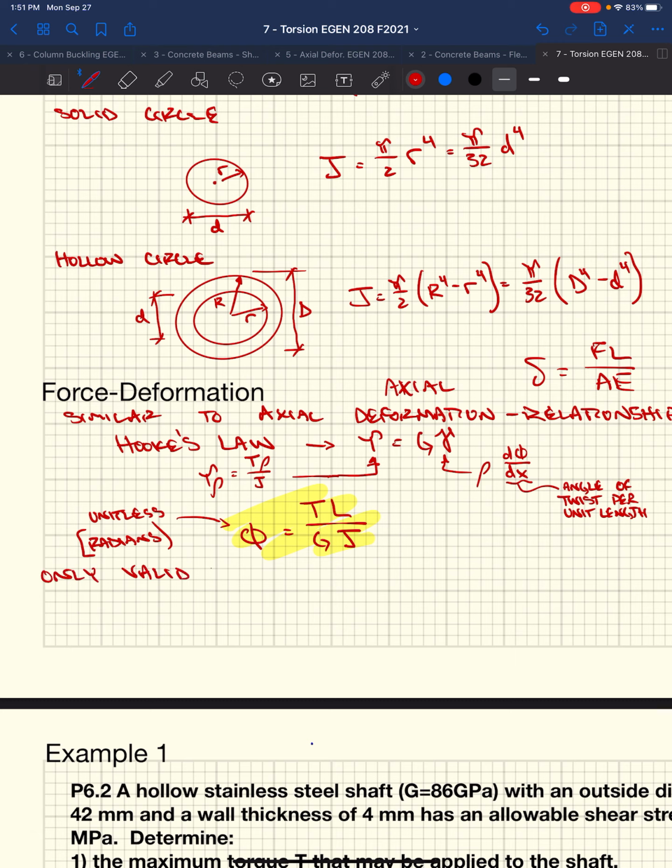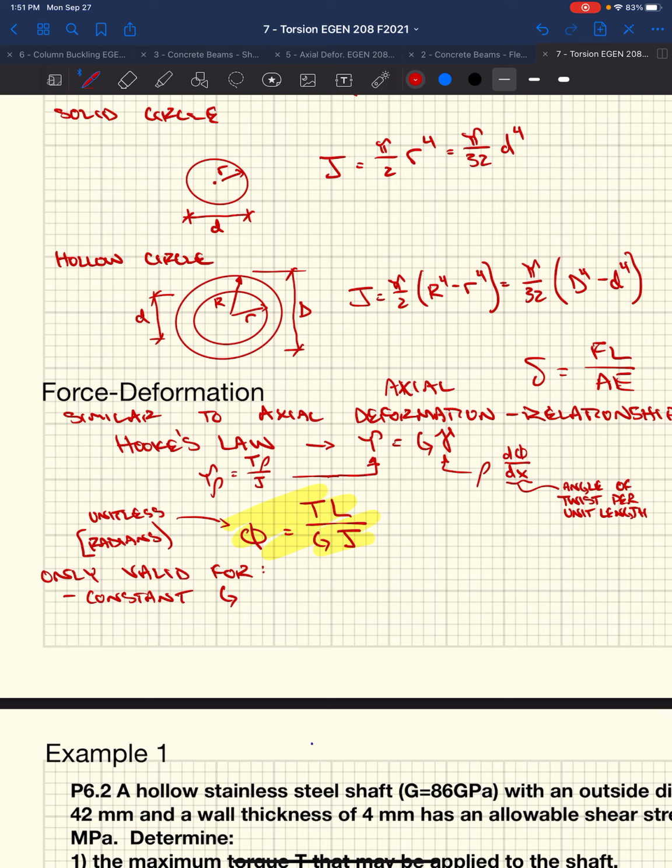This equation, though, is only valid for constant G. If your shear modulus changes, essentially saying your material changes, then your rotation angle is going to change as you go across the length, because the material properties of the shaft are going to change, so your stiffness is going to change.